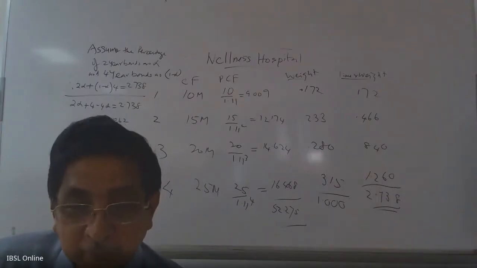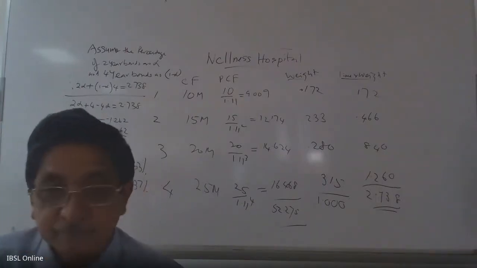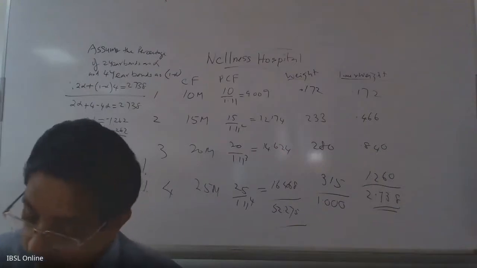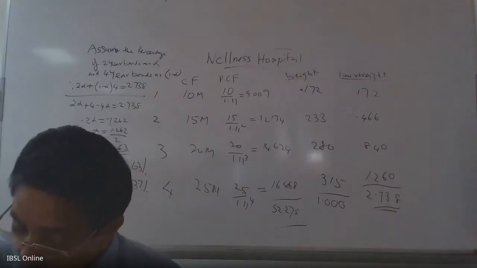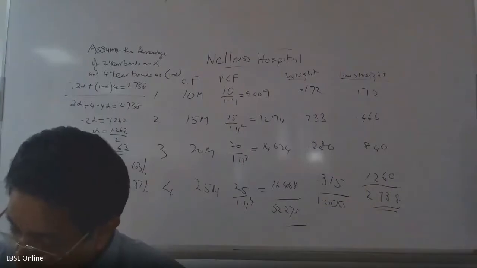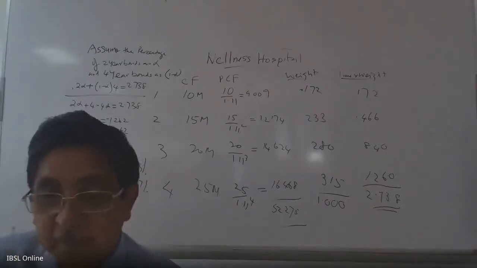And the present value of 4-year bonds would be 52.275 into 0.37. That is 19.34.